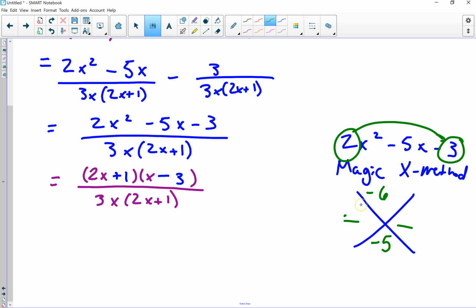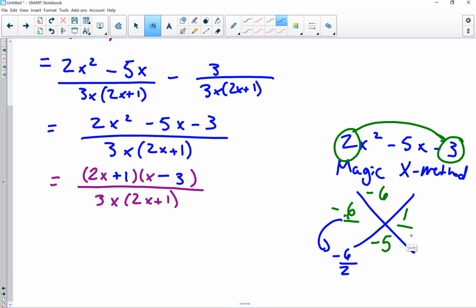Okay, well, what would work there? Oh, how about -6 and +1, right? But if you notice, those were not the numbers that I put right here. So with this method, we have to do some adjustment. The 2 numbers you find, you still have to divide them by your A, or the leading coefficient.